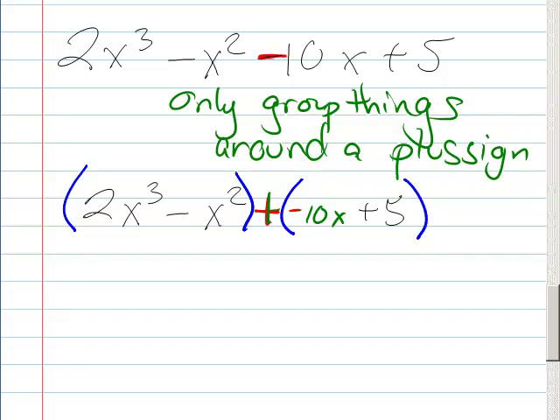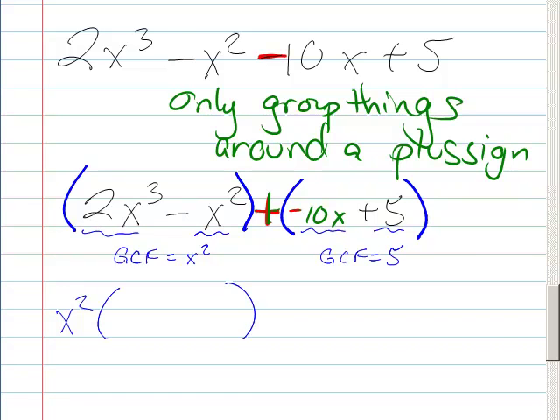So the next thing that we can do is look at each of these terms and say, well, what do we have in common? These two have an x squared in common, and these two have a 5 in common. So I can pull out an x squared over here, and I'm left with 2x. If I pull an x squared out of x squared, the only thing that's left is a 1.